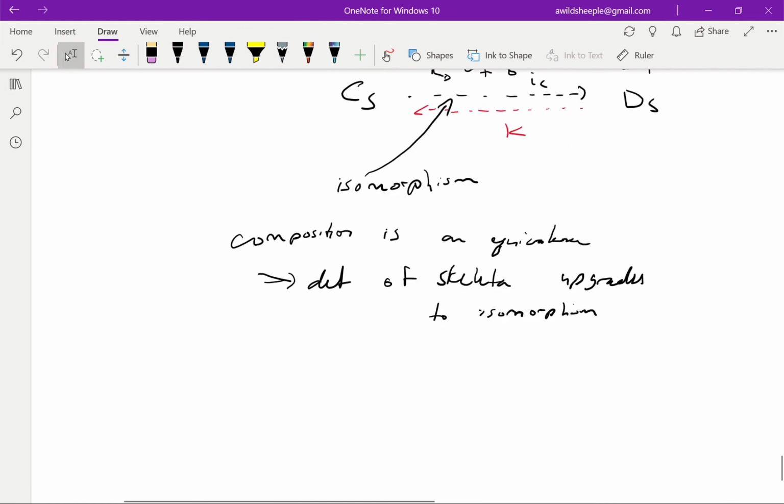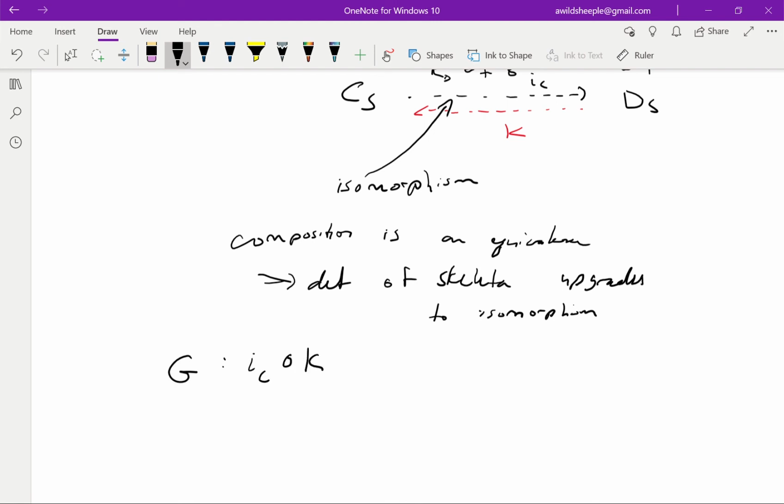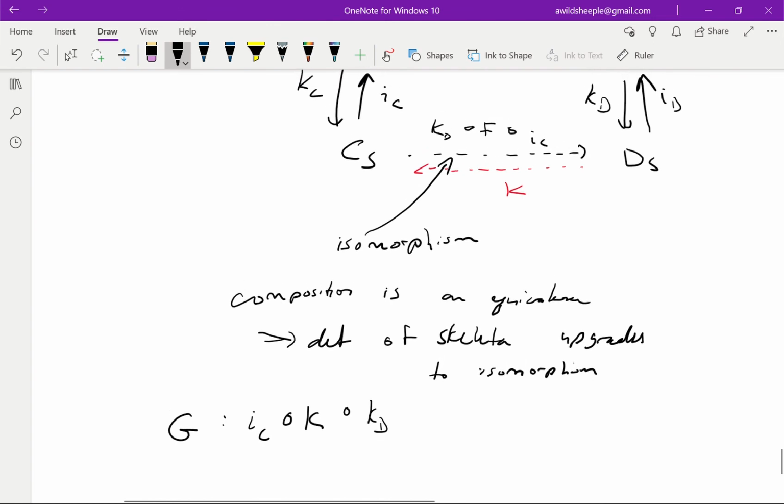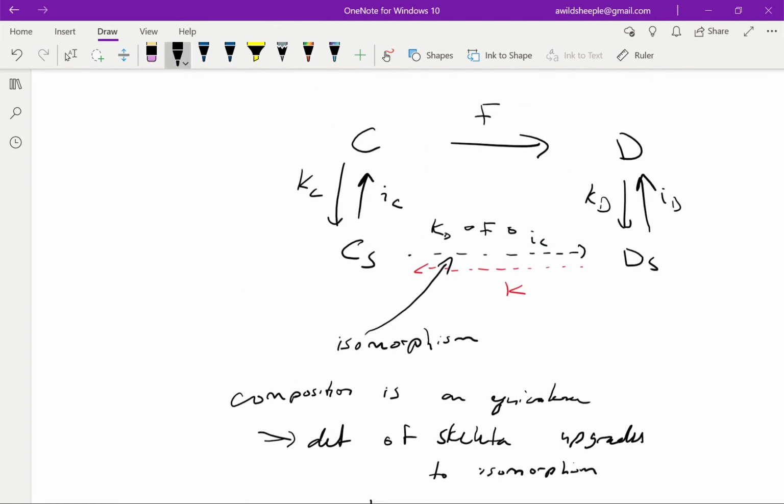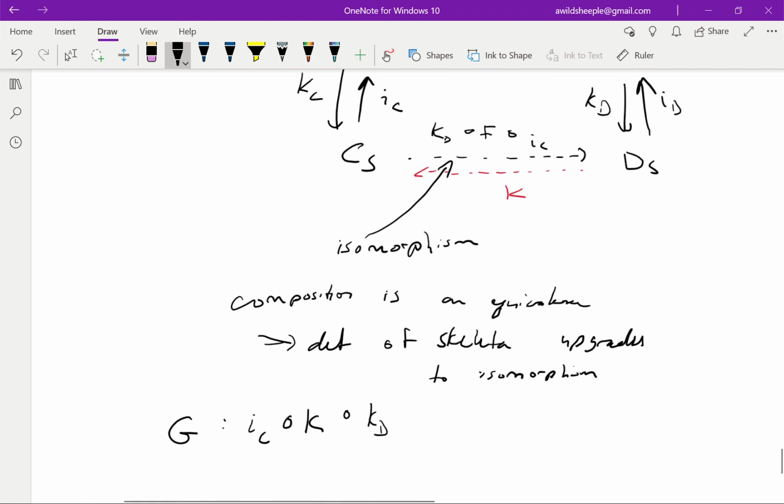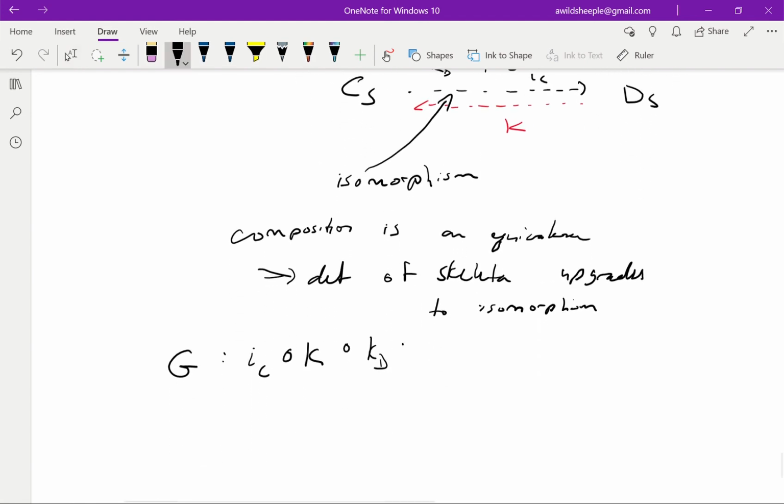But we can also form the reverse composition. We can define G to be IC composed with K, composed with KD. I kind of regret overloading this letter K here, but what this does is it starts us up in D, we go down to the skeleton, use the inverse we just constructed, and then go back up to C. So now we have a map G, which is going in reverse to F.